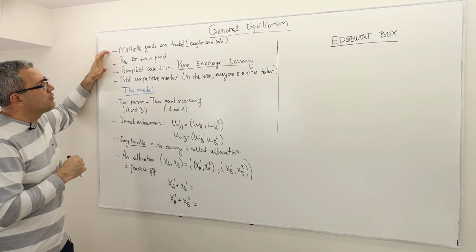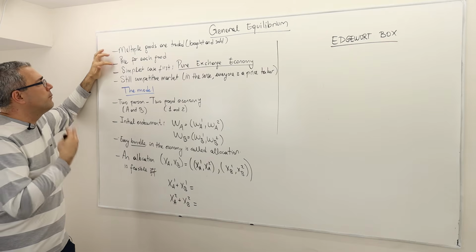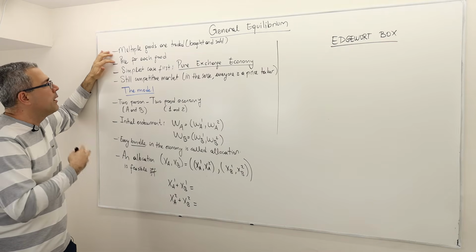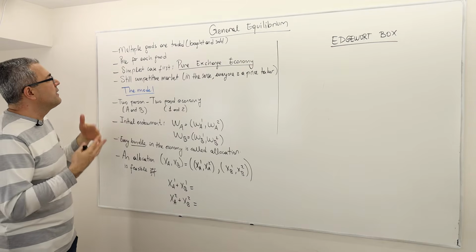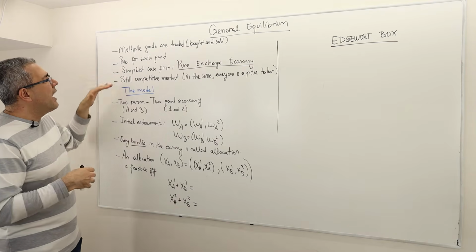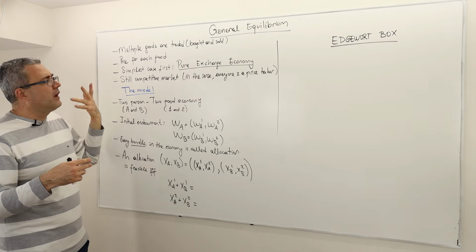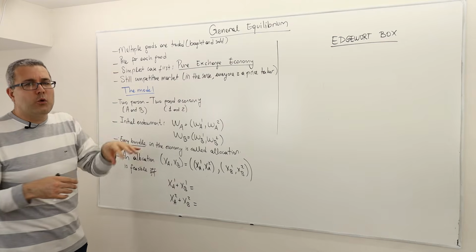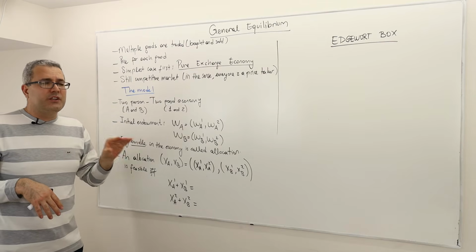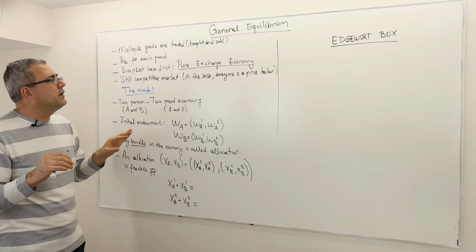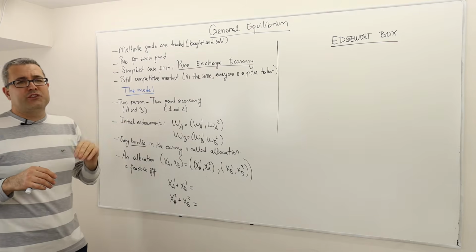So multiple goods are traded, sold and bought, and the price for each good will be determined simultaneously. And for obvious reasons, we're going to focus on the simplest case first, where production is not allowed. All right? No production. We're going to call it pure exchange economy.